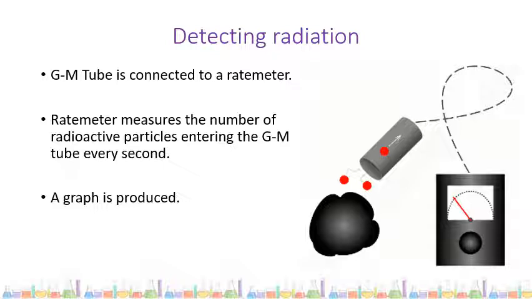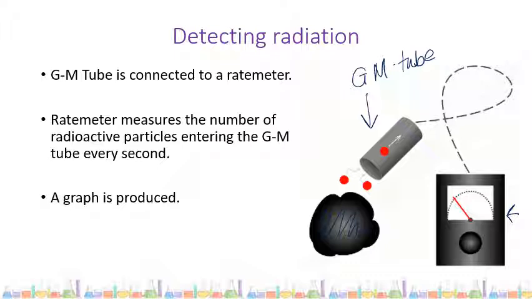Looking at our detection system, our GM tube, our Geiger-Müller tube, is connected to a rate meter. So this is the GM tube. And what we do is we bring that in close proximity to our substance that we're testing. So that's the black substance down here. And we connect it up to a piece of apparatus called a rate meter.